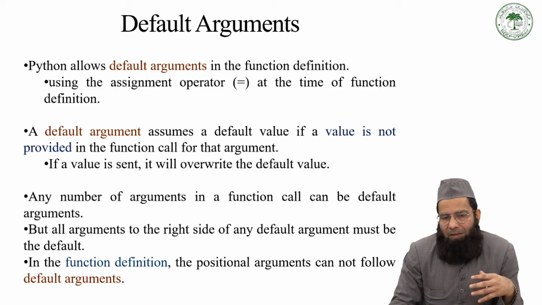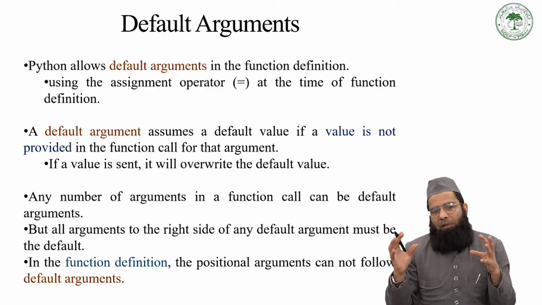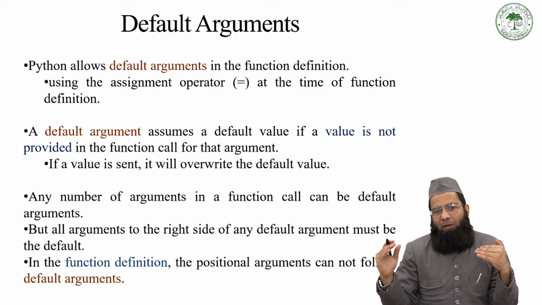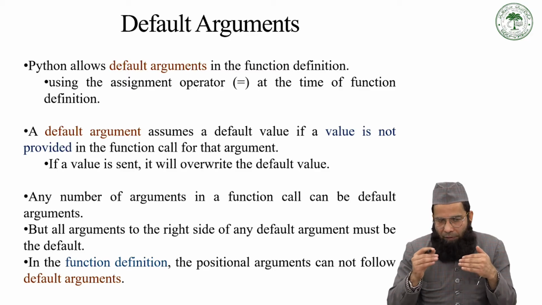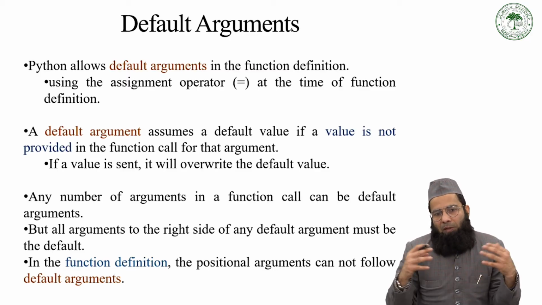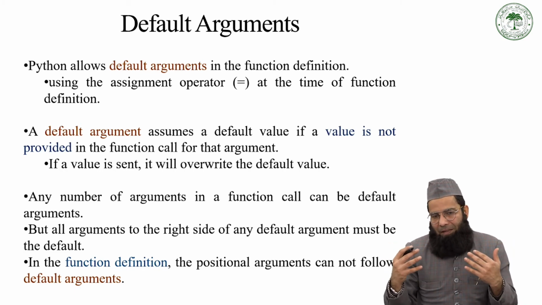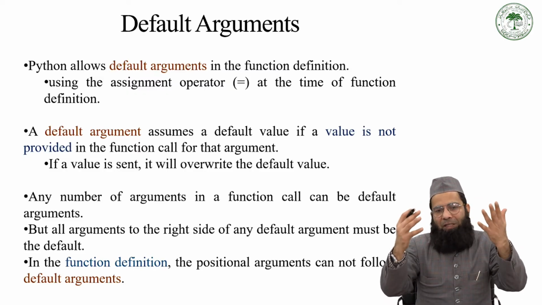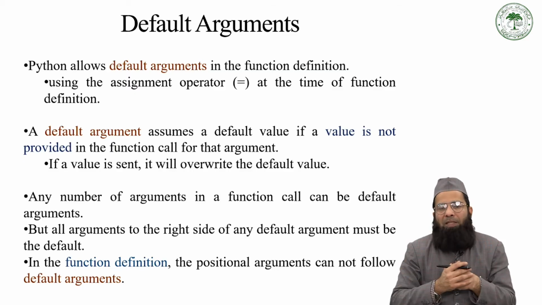Suppose we have 10 parameters in a function definition and all are declared as default parameters. During the function call, you can pass values to all. If you are not passing any argument during the function call, all default values will be initialized. You need not pass the values.